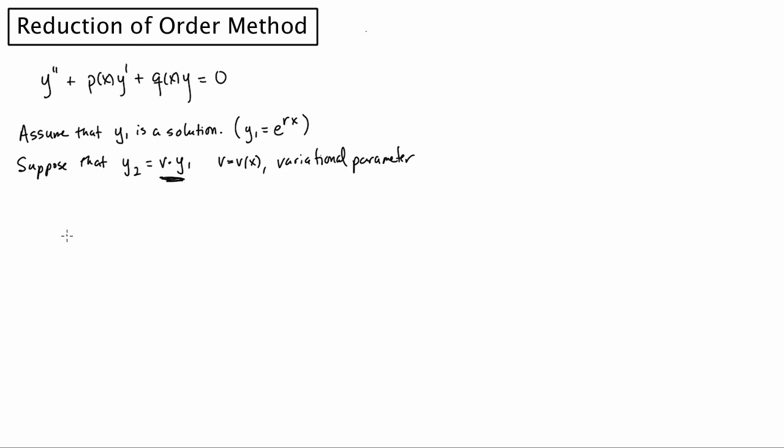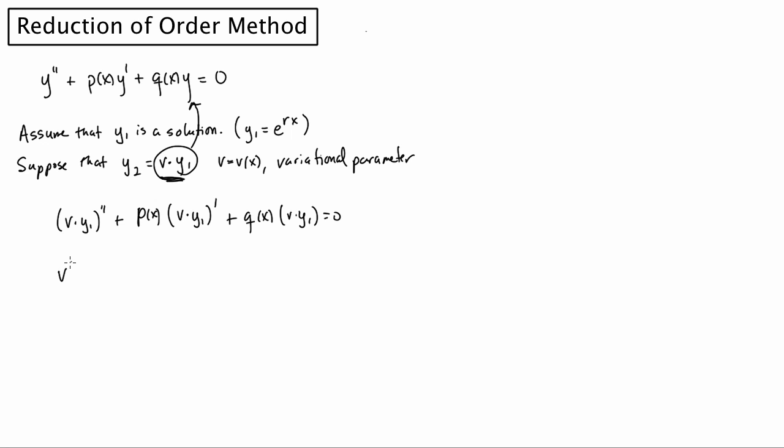Now, if we plug this into the original equation, what we're going to end up with is v times y1 double prime plus p of x v y1 prime plus q of x v y1. All I'm doing is plugging this solution in for y in the above equation. Because both v and y1 are functions of x, this is product rule.